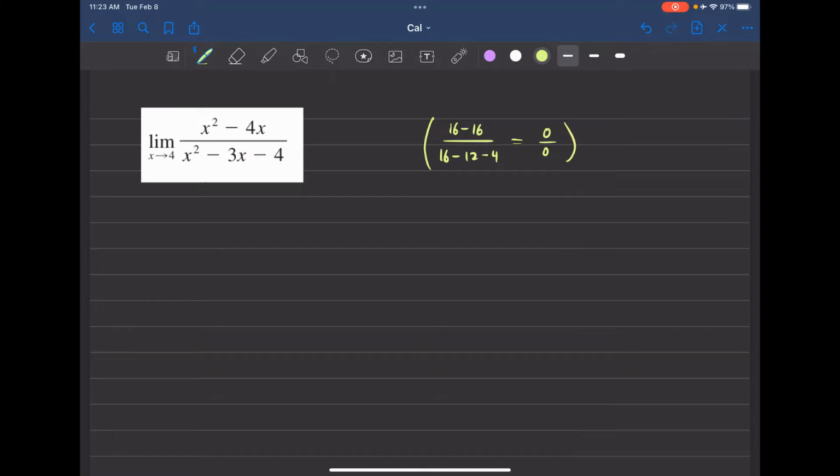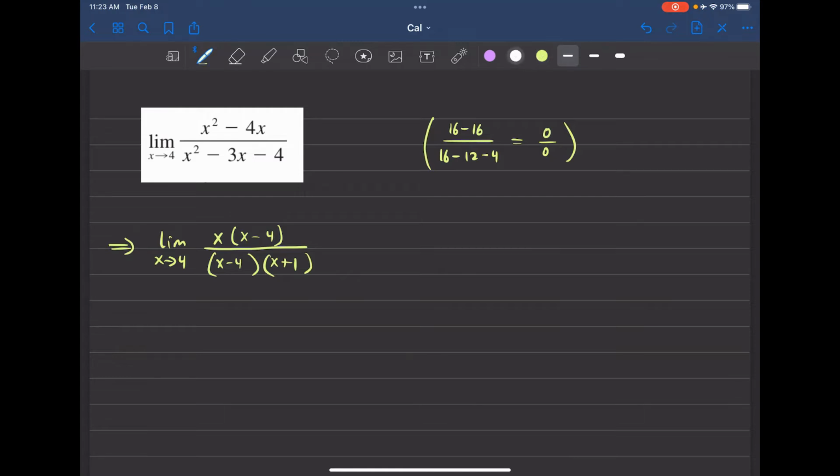Now in this case, again, we want to try to use some preliminary algebra to simplify the function and then use direct substitution again. So let's go ahead and do that. Simplify this function. We have the limit as x approaches 4 of, now the top I can factor into x times x minus 4, and on the bottom I can factor that into x minus 4 and x plus 1, and that would give us that quadratic.